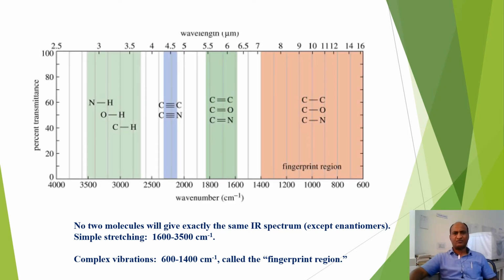This is another pictorial representation of the infrared range, where we have categorized the region into two types. In these regions, we call it the fingerprint region. It ranges from 600 to 1400 reciprocal centimeter, or we can say that below 1400 reciprocal centimeter, it is the fingerprint region.